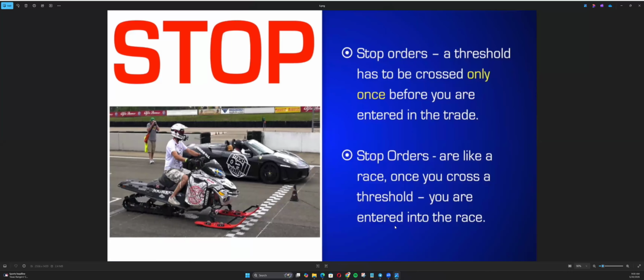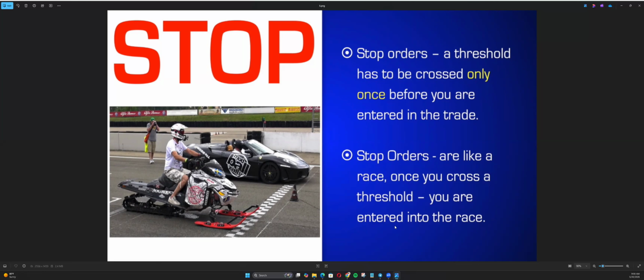So let's start from the stop orders. In stop orders, there are thresholds that have to be crossed before you are entered into the trade. Stop orders are like a race line.